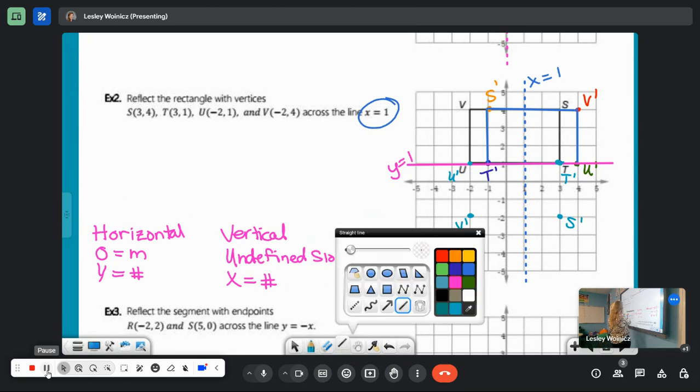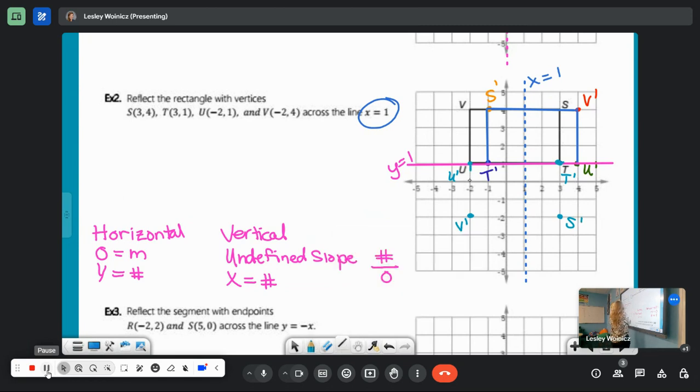Connect your points. So you can see the difference between reflecting in a vertical line and reflecting in a horizontal line. Cool.